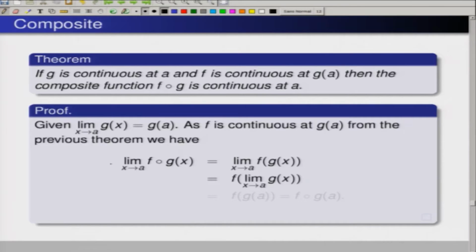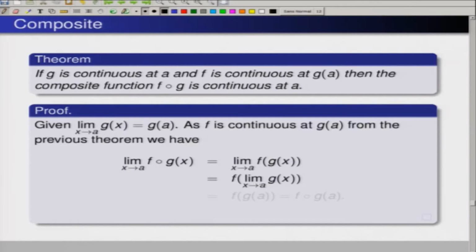From the previous theorem, we have the limit as x goes to a of f∘g(x), which is equal to the limit as x goes to a of f(g(x)). Now, the previous theorem says that if f is continuous at g(a), then we can interchange f and the limit. So, once we do that, we can take the limit inside.